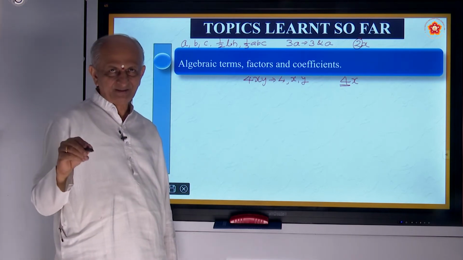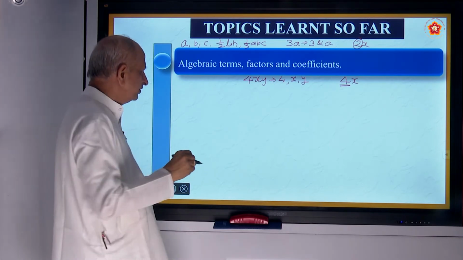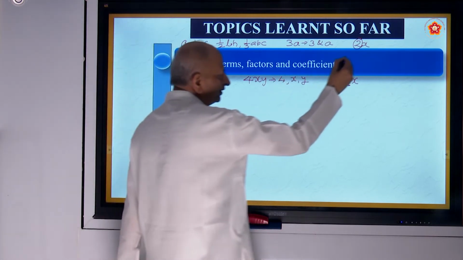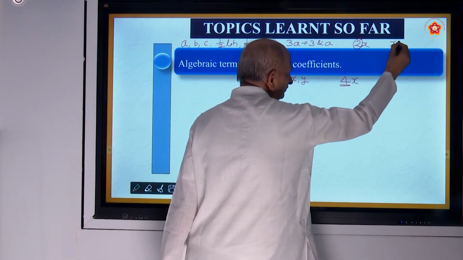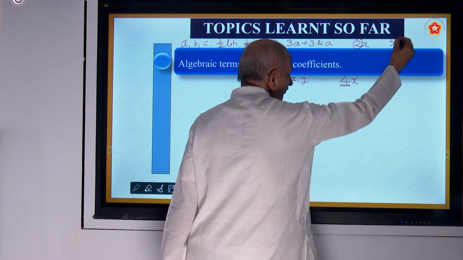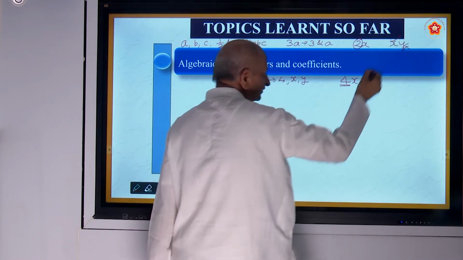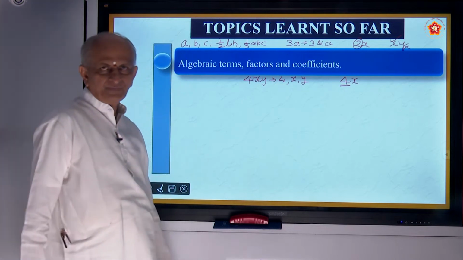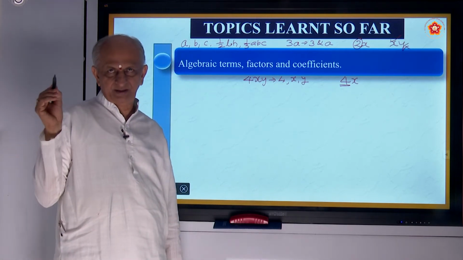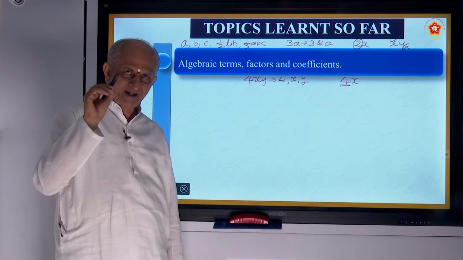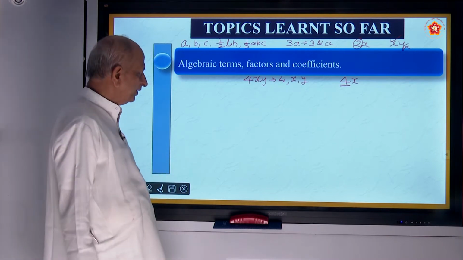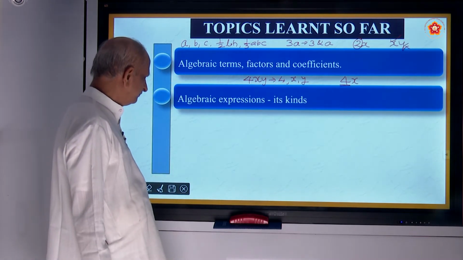It may be a number or it may be a term also. Suppose you have x into y. x is the coefficient of y, or y is the coefficient of x. Okay, it may be a term or it may be a number. That's all what you have studied in the previous class.